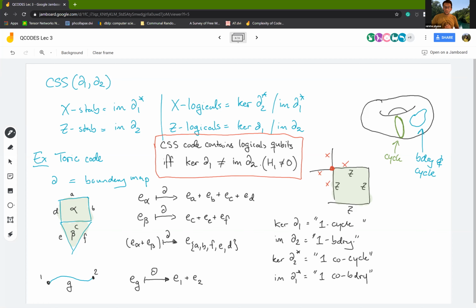You can work that out if you'd like, which shows that a code on the sphere won't encode any logical information. It just defines a state. If you add all those stabilizer terms up, you get a stabilizer which defines a singular quantum vector. A very interesting quantum vector, but there's no space here.